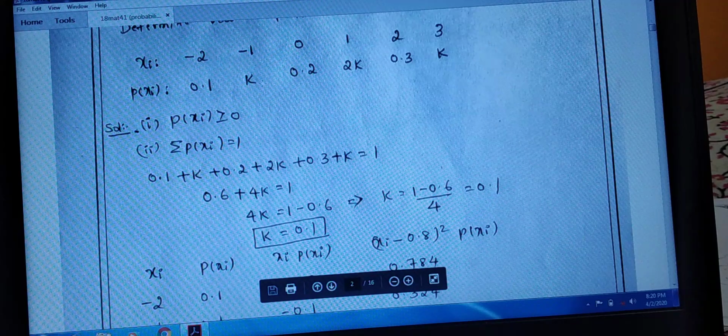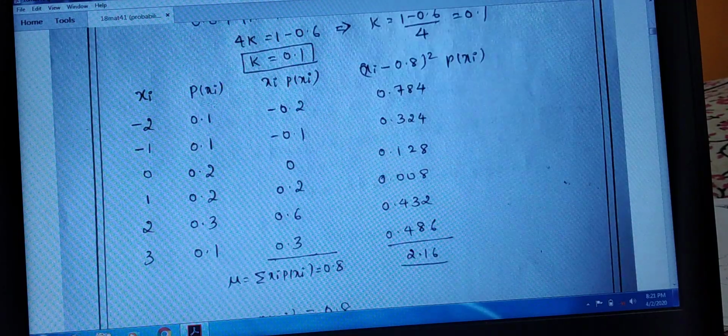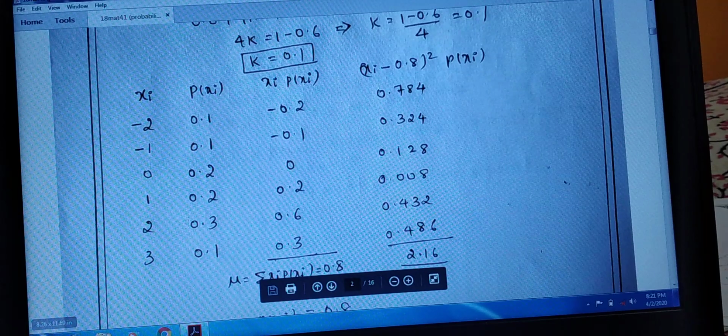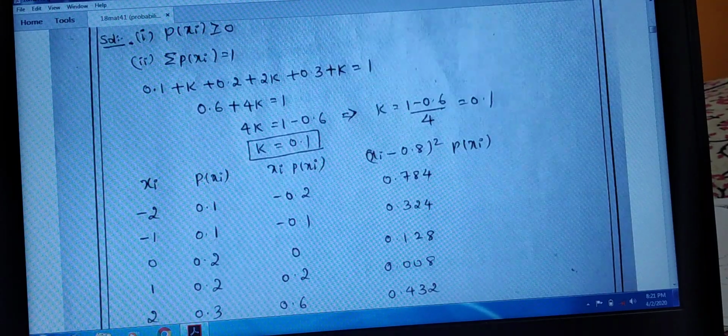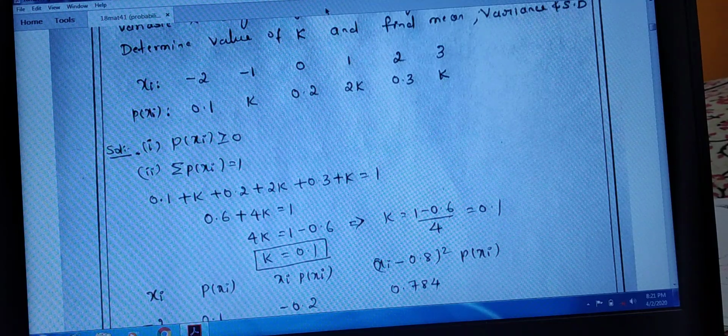Substitute the value of k as 0.1 in this p of x's. So you are going to get this column, that is 0.1, 0.1, 0.2, 0.2, 0.3 and 0.1. We get this column after substituting the k value, that is k as 0.1, in the p of xi's row.